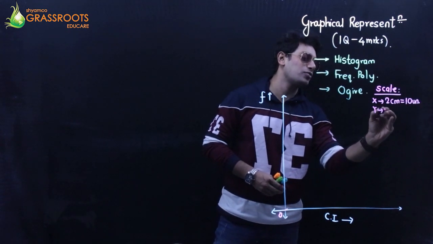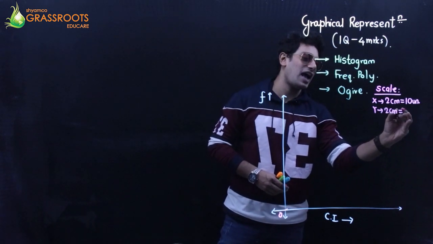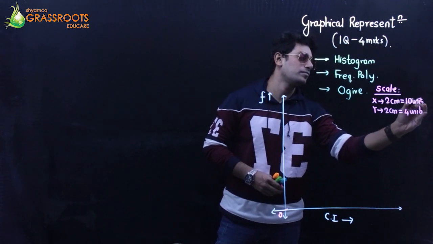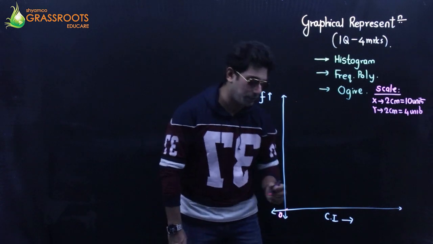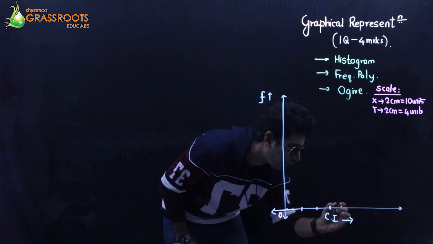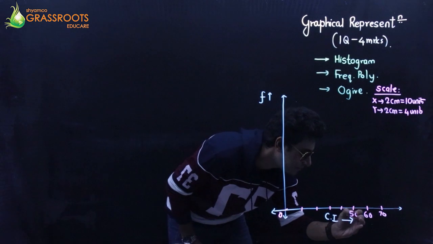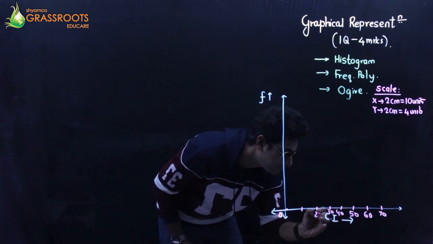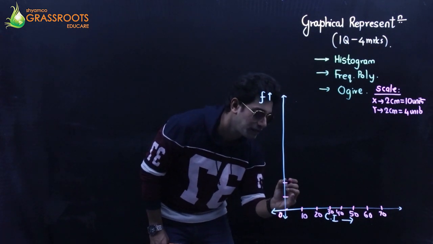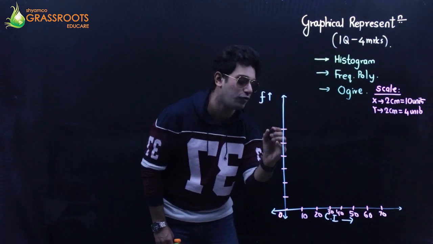And on the y-axis, also 2 centimeters as 4 units. So the x-axis is going to be 10, 20, 30, 40, 50, 60 and 70. On the y-axis, it's going to be 4, 8, 12, 16, 20 and 24.